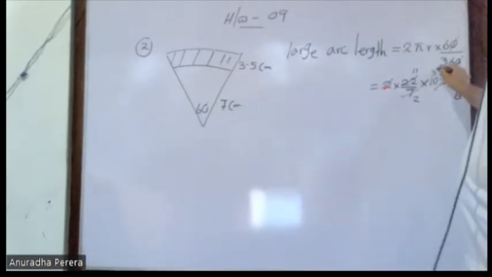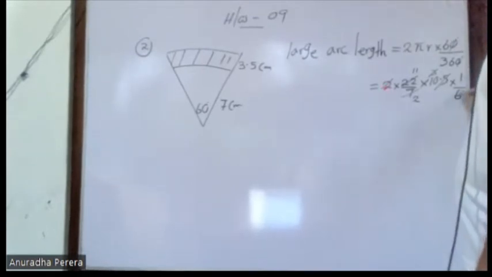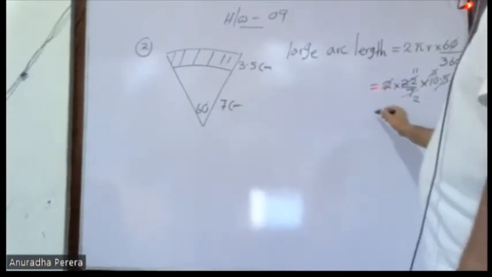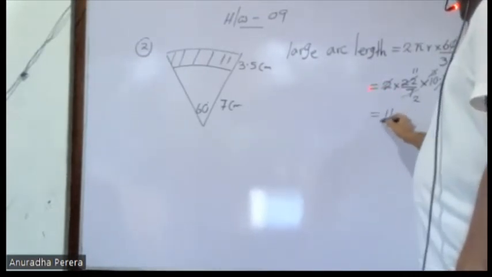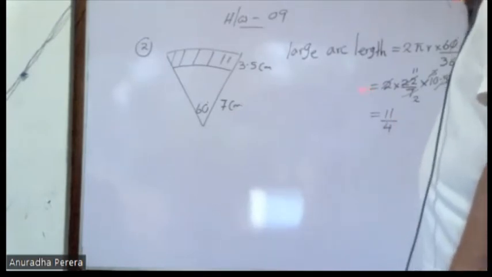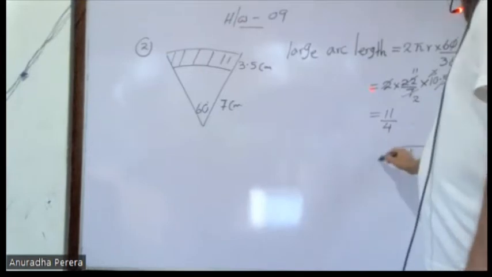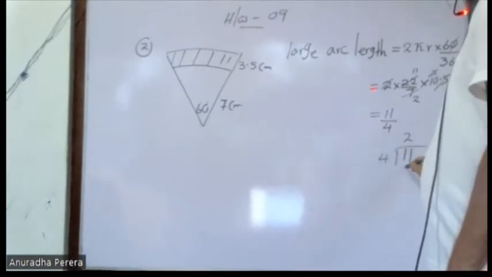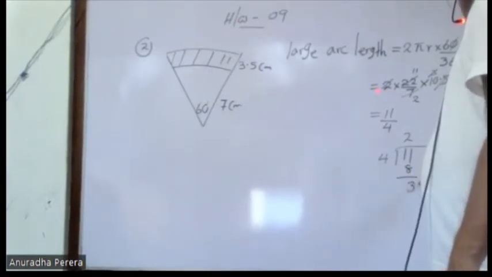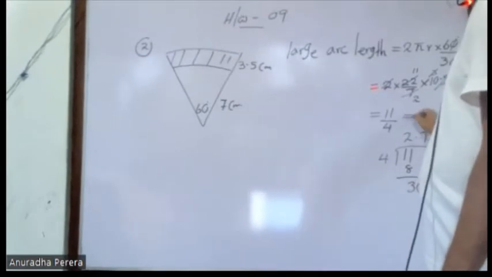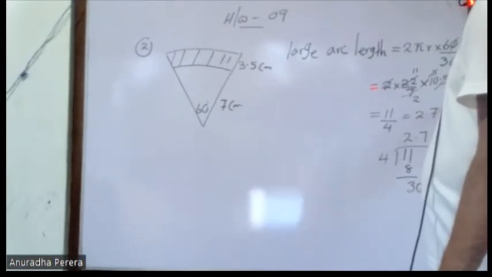By 3, 2. Then 11 over 4. 11 over 4 means 2.75 cm.